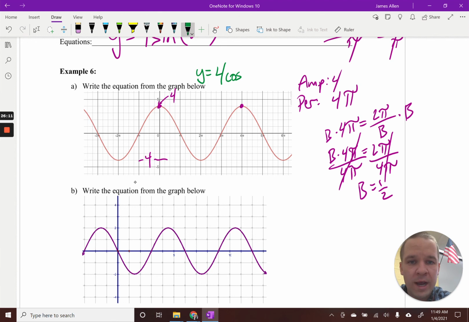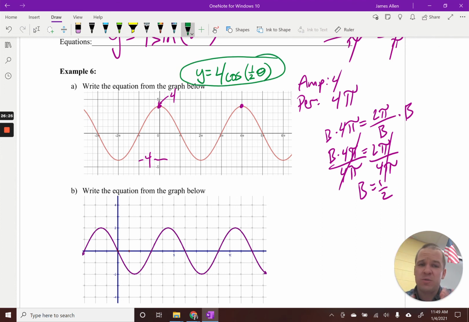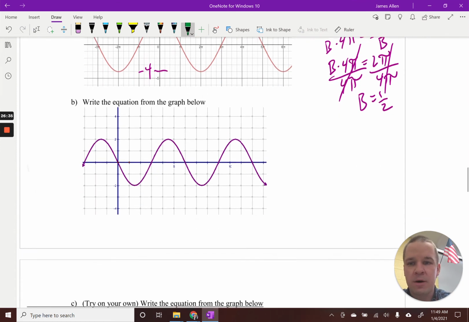And then it would be 1/2 theta or 1/2 x, whichever variable you want to use. Good to go. You could write this as a sine function, but you need to use a phase shift, which we haven't really dived into yet. Okay, let's keep going here.